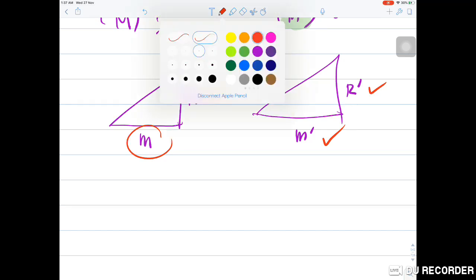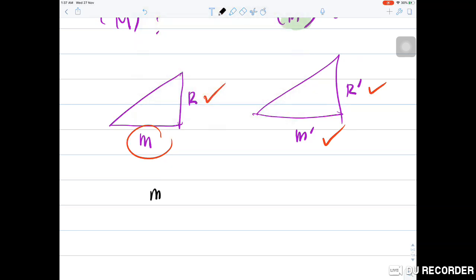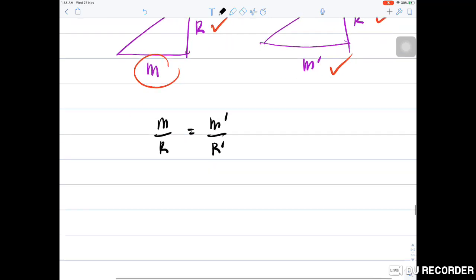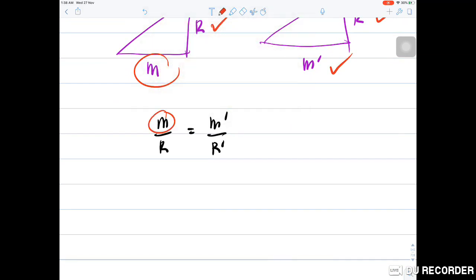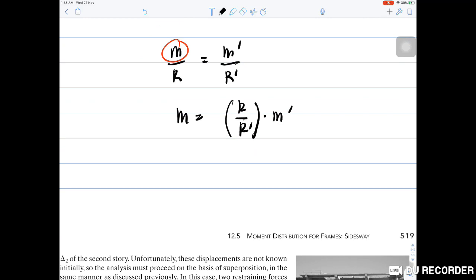Okay, it is M divided by R equal to M prime divided by R prime. So M equals R divided by R prime times M prime. And R divided by R prime is called the correction factor.